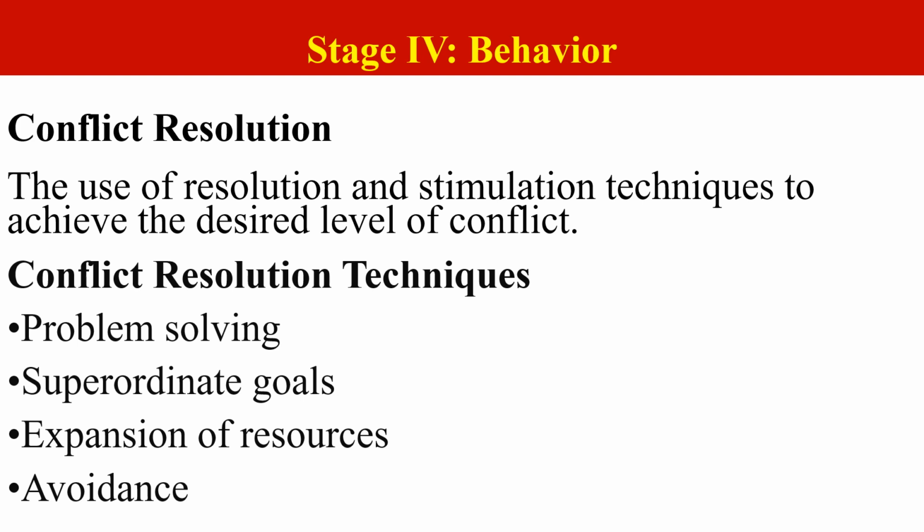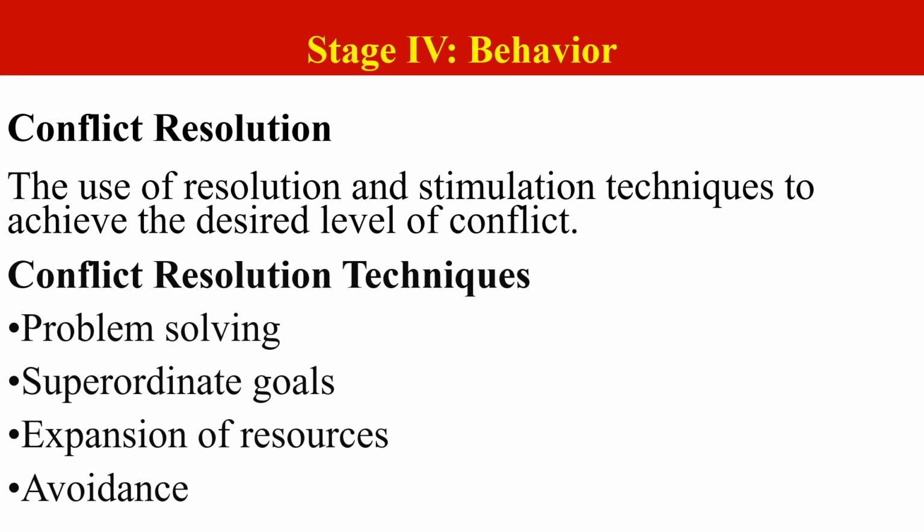Subordinate goals are the goals which are subordinate to the accomplishment of the higher goals. For example, to be trained in the latest automobile technologies is a subordinate goal that contributes to the highest goal of the organization, to be the leader in the automobile industry.